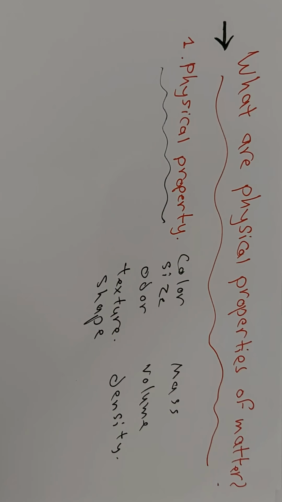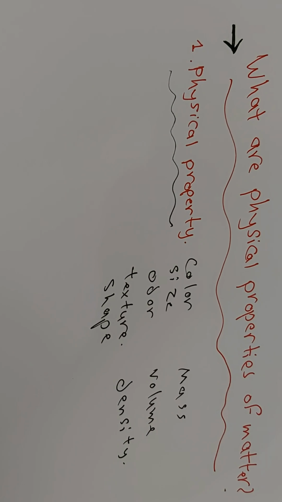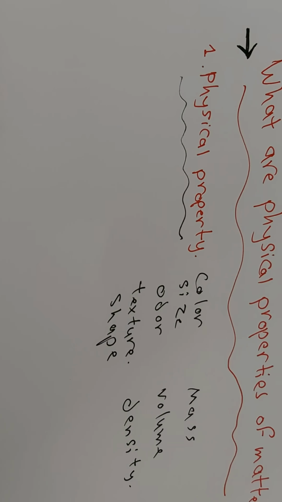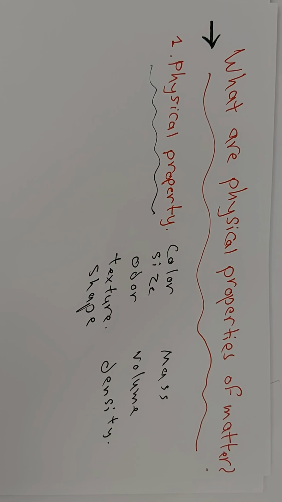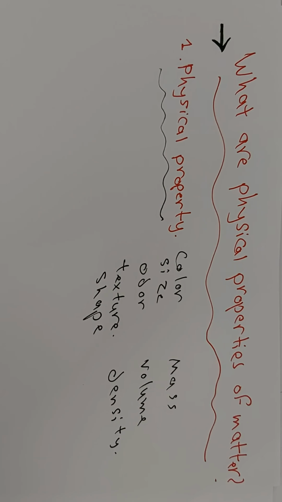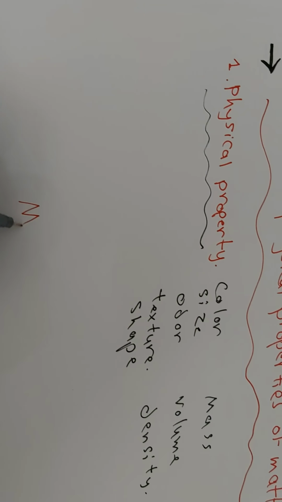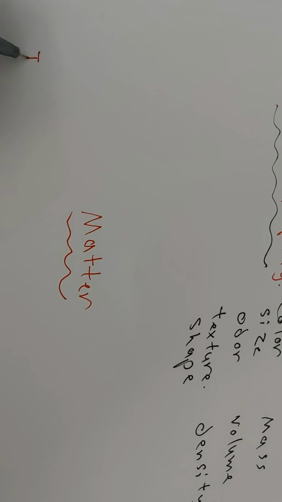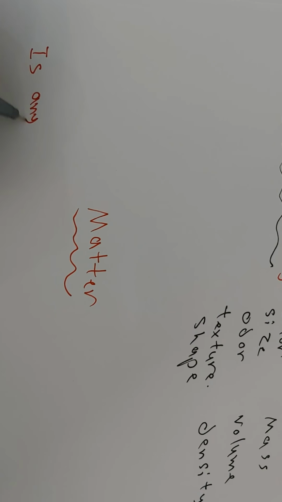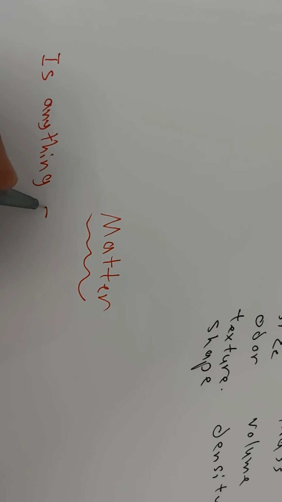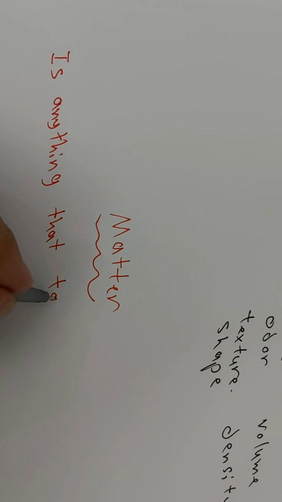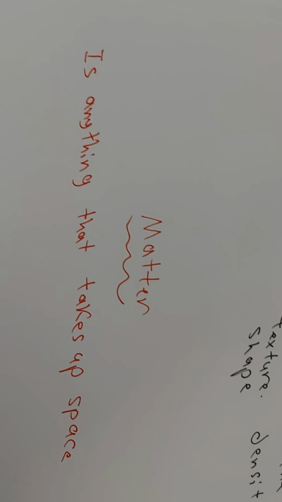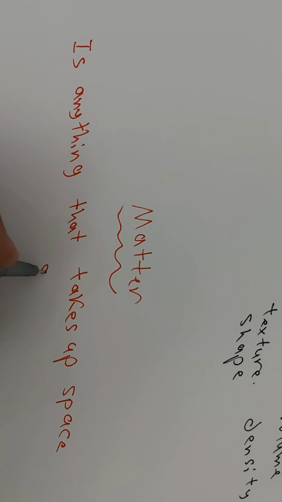Then we listed some physical properties. Our lesson today is about mass, volume, and density. What is mass and what is volume? But before mass and volume, let's remember matter. Last lesson we said matter is anything that takes up space and has mass.